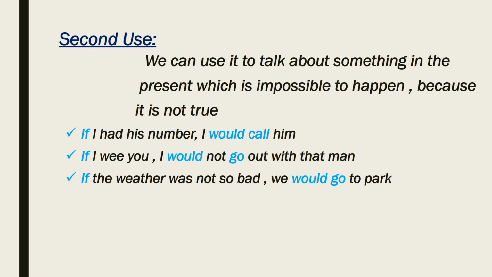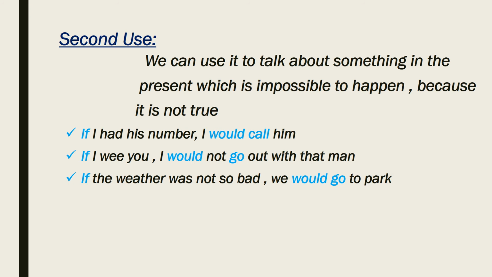Second use, we can use type 2 as well to talk about something in the present which is impossible to happen. The same case, unreal, which is impossible to happen because it is not true. So type 2 is not used for real cases, for real situations. Like this, if I had his number. Now he is talking about the present situation, the time is now.